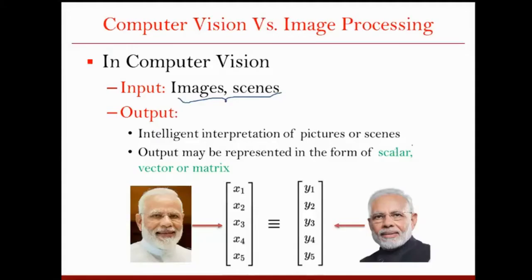But one thing is certain: whatever you are going to get is not images. You are going to get some information, whether represented as a scalar value, a vector, or a matrix.